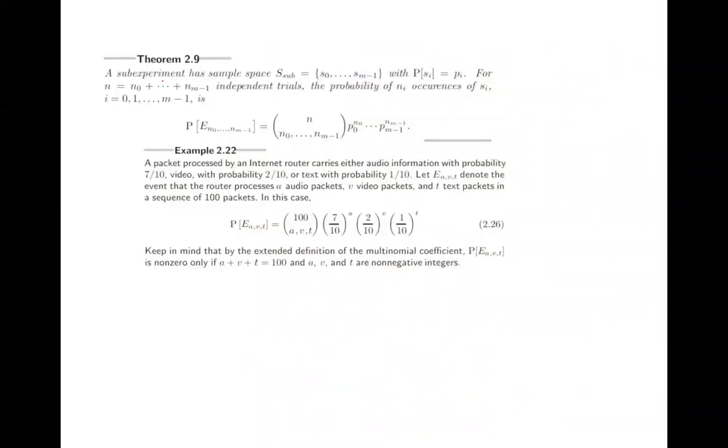Theorem 2.9. A sub-experiment has a sample space, this one, as usual, and the probability of any outcome here is pi. For n independent trials, the probability of ni occurrences of Si is given by this formula.